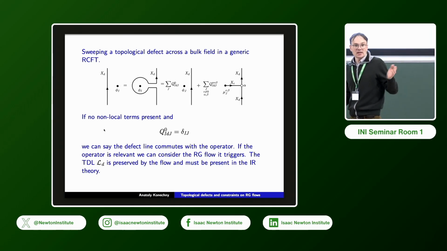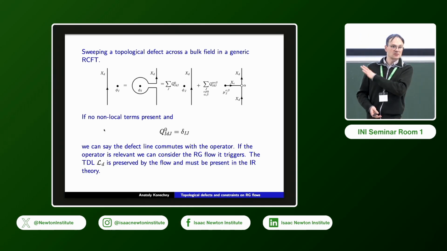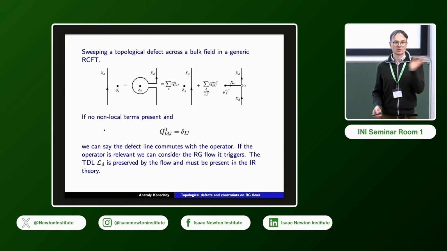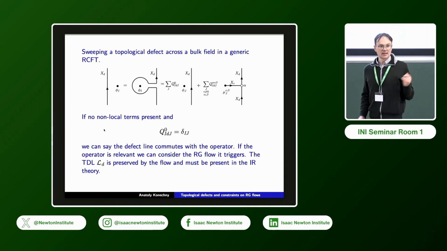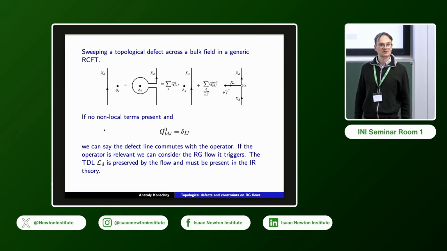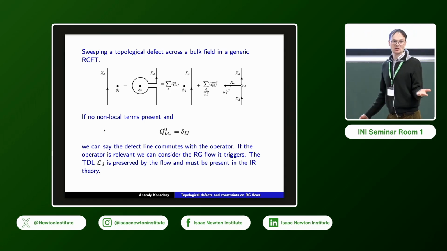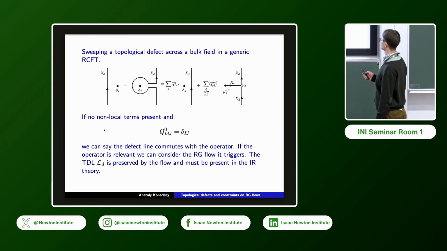And certainly after I switch on the perturbation, they're not topological defects. I cannot think of them as topological defects of the perturbed theory. But these ones which commute, if it happens, then they're like charges which are conserved for me.